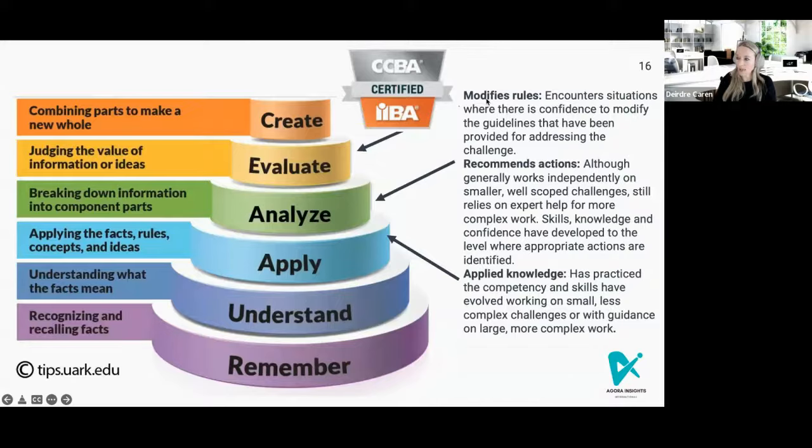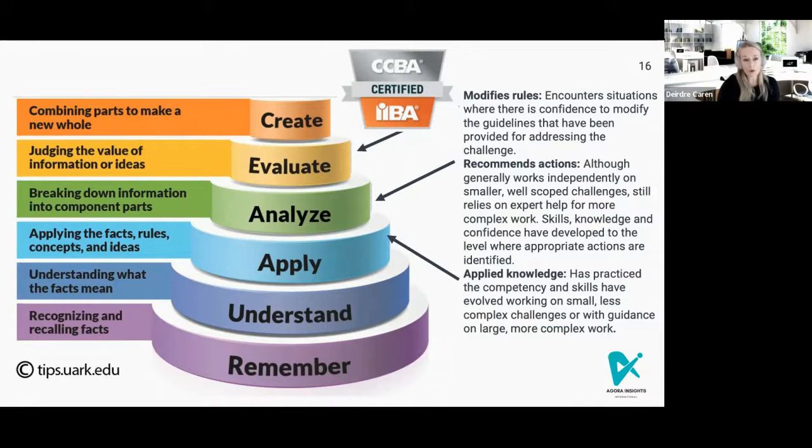So for CCBA, you look to modify rules. So when they talk about modifying rules, they say encounter situations where you will have to choose the best option. So you are looking at, like I say, the requirements, and there might be a situation where you would say, actually, I should probably use this first.